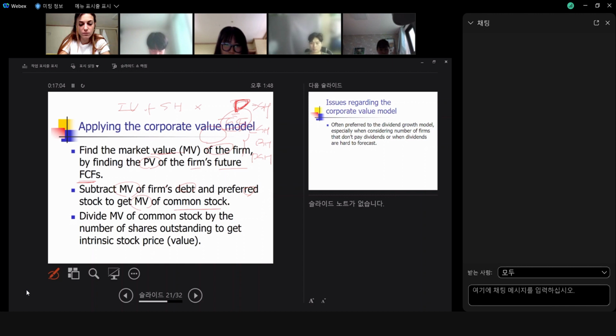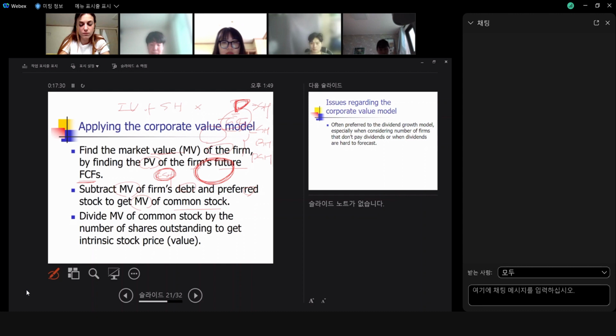In the dividend discount model, we can calculate the intrinsic value of the stock directly, but in the corporate valuation model, first of all, we calculate the value of the entire firm. Okay, this is common stockholders.